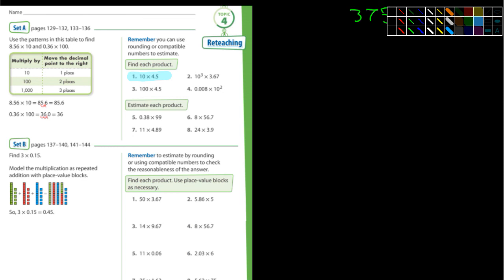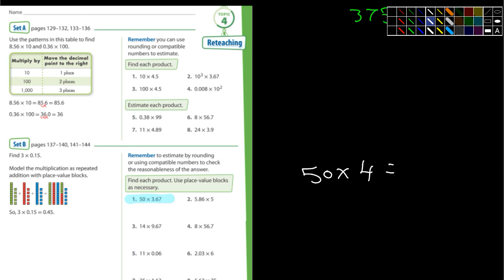And then down below it says to estimate by rounding or compatible numbers, check the reasonableness of your answer. So find each product. So 50 times 3.67. If I wanted to estimate number 1, I could do 50 times, I don't know, how about instead of 3.67, I could do 4.